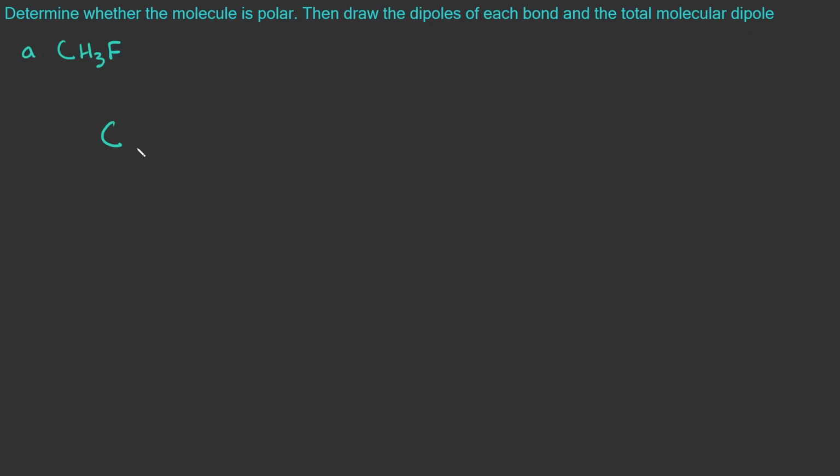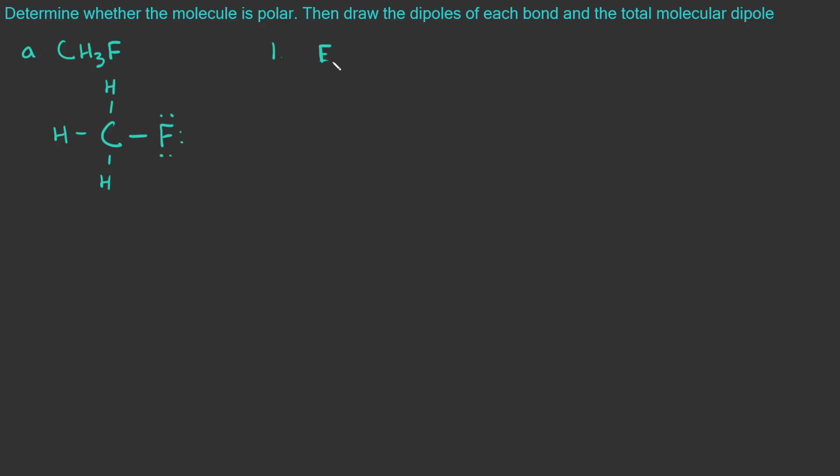If we look at this, the Lewis dot structure would look like this, right? We have 3 hydrogens attached to our carbon and 1 fluorine also attached to it. Our first thing is to find out whether any of these bonds are dipoles.